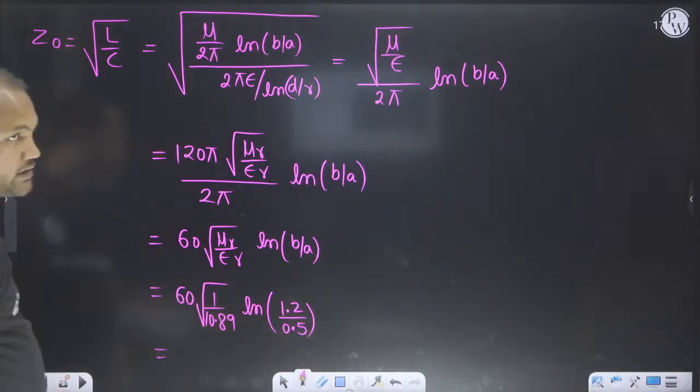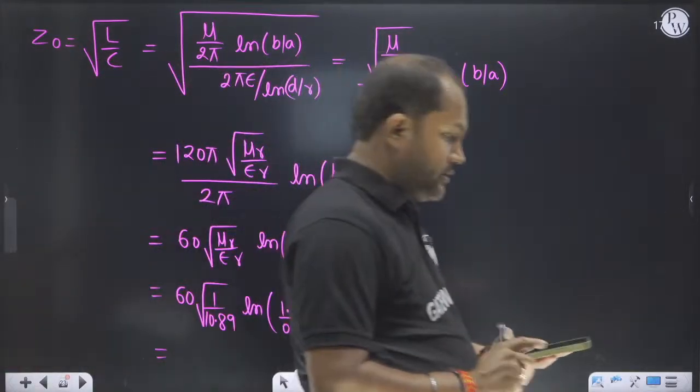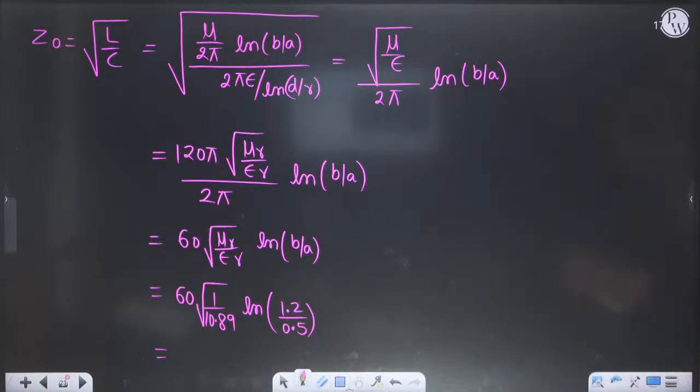So I will calculate the value of this transmission line's characteristic impedance. Under root 10.89 will be 3.3, so 60 divided by 3.3 ln 2.4.